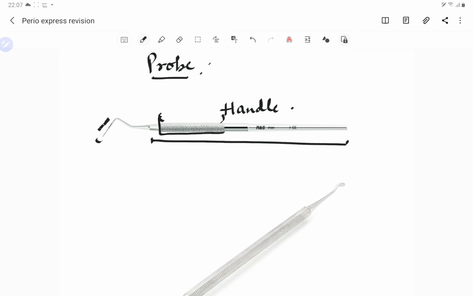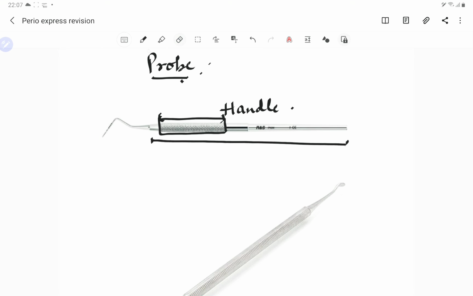We call it the knuckling, and this knuckling is to provide a grip to the instrument so that there is no slipping. Because we are working in a wet environment, in contact with saliva, in order to maintain a nice grip there are serrations present on the handle of these instruments.